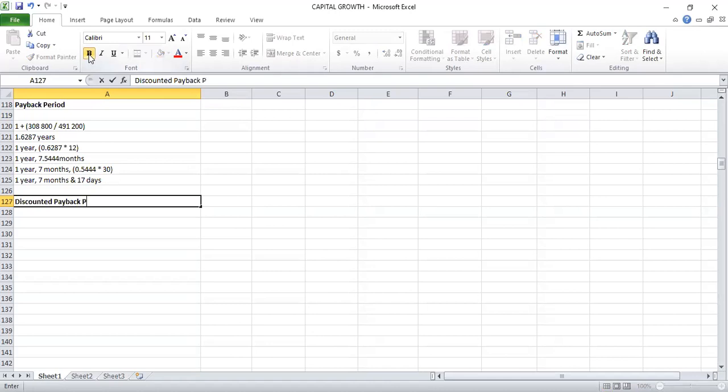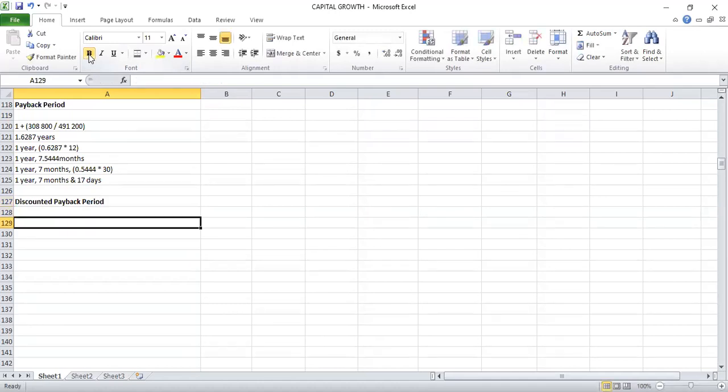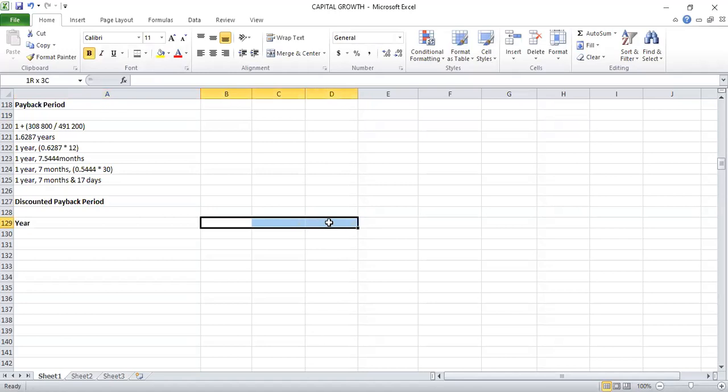We'll now say, right, we have our cash flow. Then we have our discount factor at 19%.